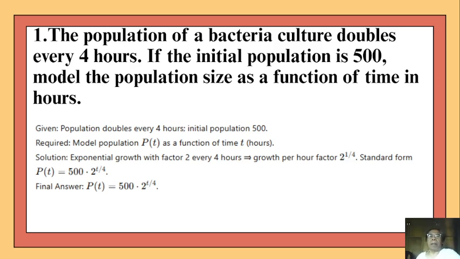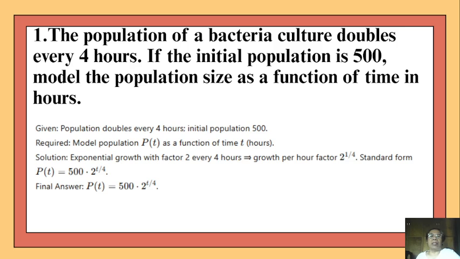So we're given: population doubles every 4 hours, initial population 500. We are required to model the population P as a function of t, and the t is in hours. So our solution will be exponential growth with factor 2 every 4 hours. So the growth per hour factor is 2 raised to 1/4.